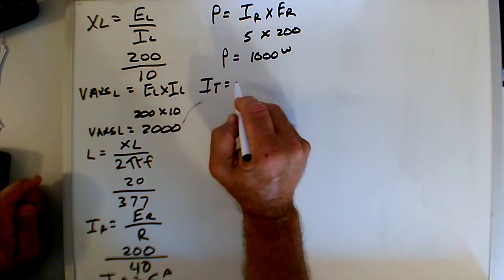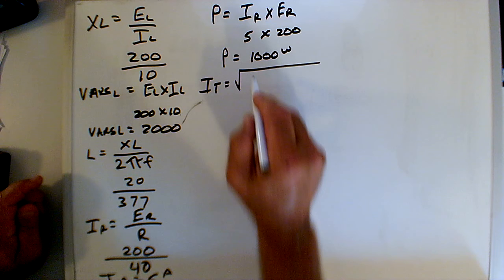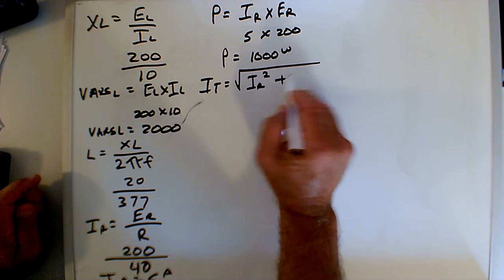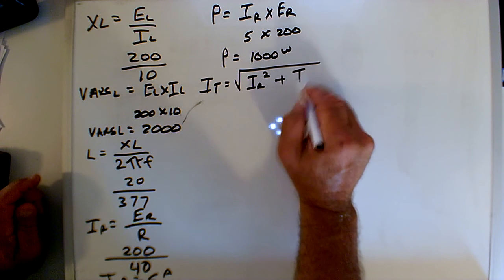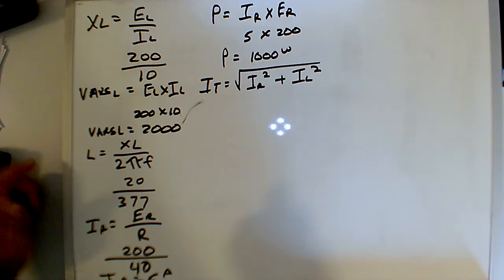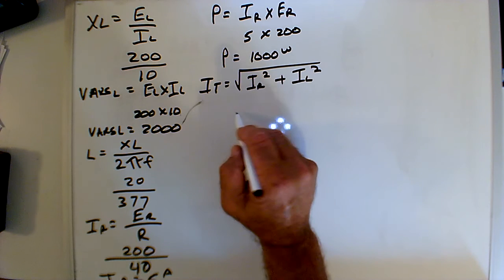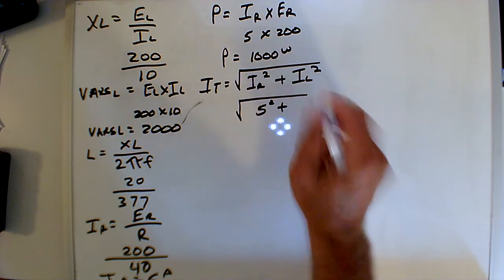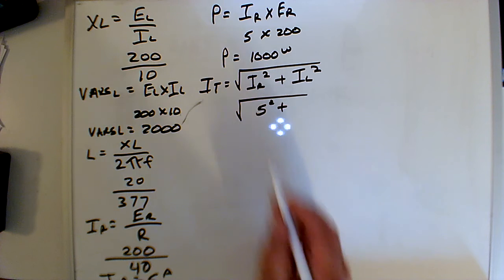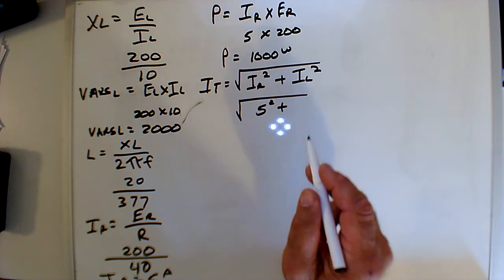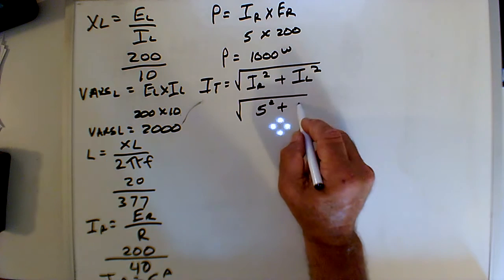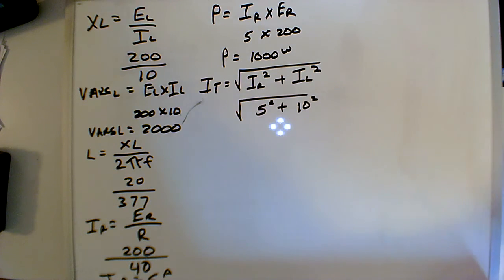In this case, IT is equal to the square root of IR squared plus IL squared. IR is 5, so 5 squared, plus IL is 10, so 10 squared.